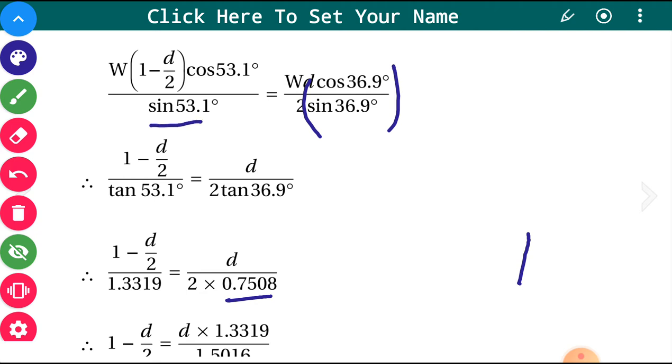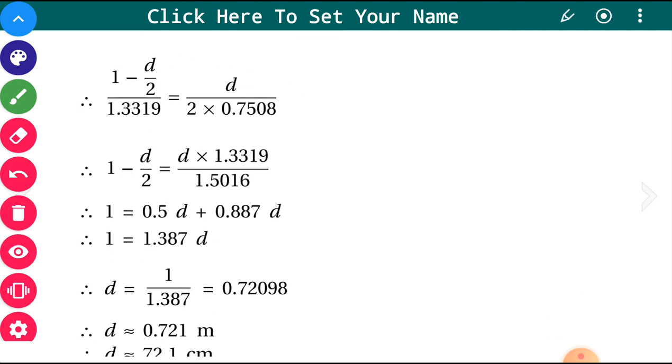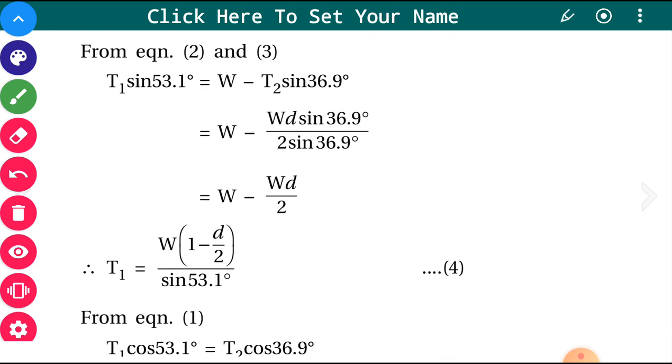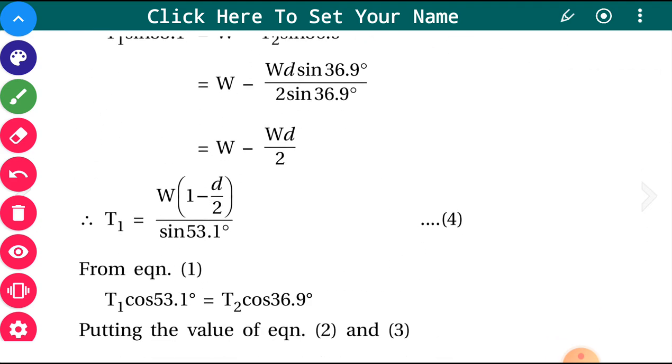Sin 53.1 is also seen in the table. So easily it can be calculated, because this also becomes tan. Both the values can be seen in the natural tangent table, and you can simplify and get the value of D.